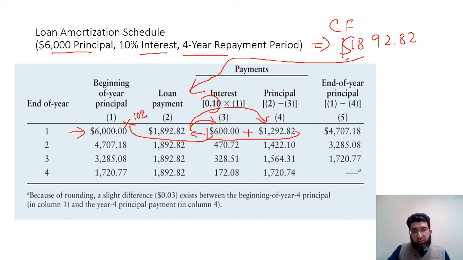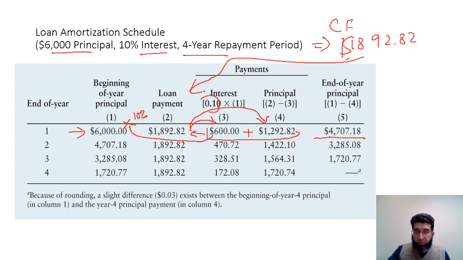Principal is simply the 600 subtracted from the loan payment. Whatever is left is the reduction in principal. End of year principal is when you subtract from 6,000, you will get 4707.